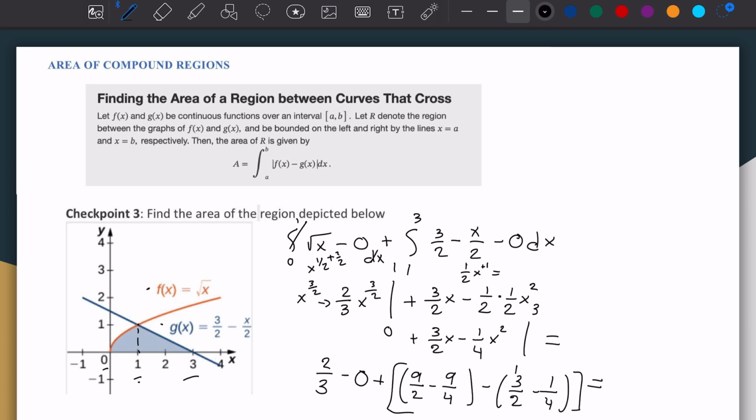And that is all going to equal 5 over 3. Right there for the next answer.